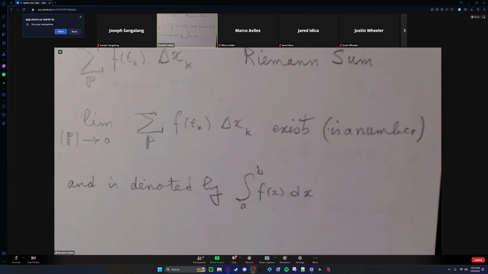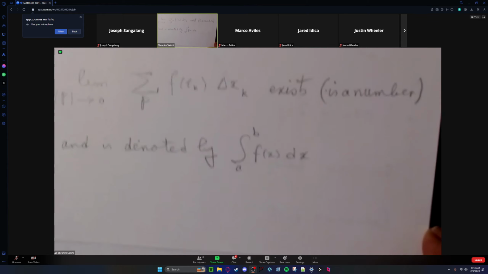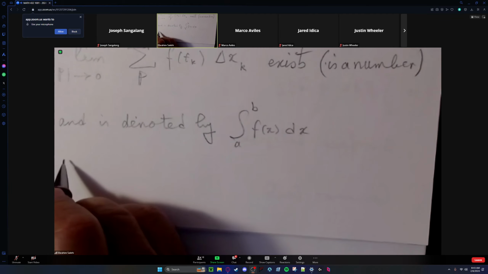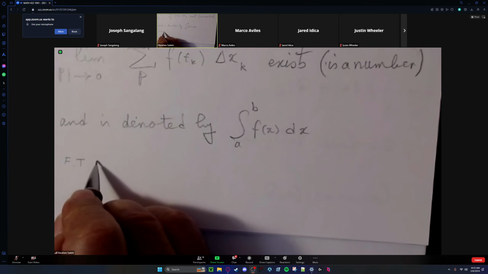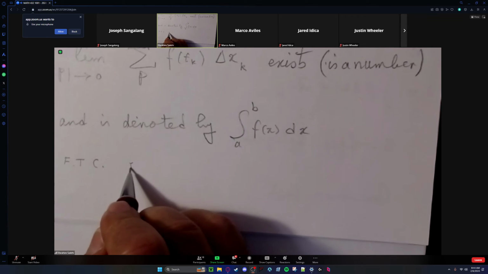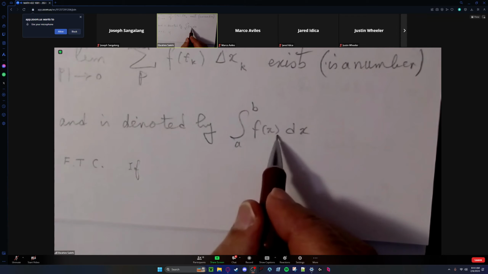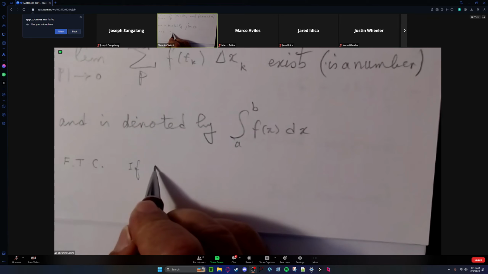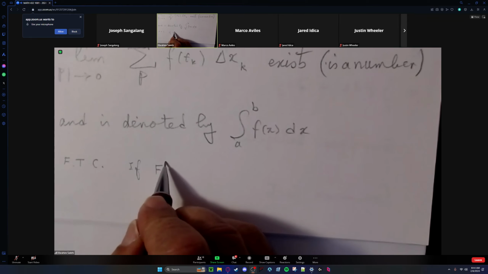That fundamental theorem of calculus basically says if you're dealing with this function and you have its antiderivative, let's say capital F is an antiderivative.